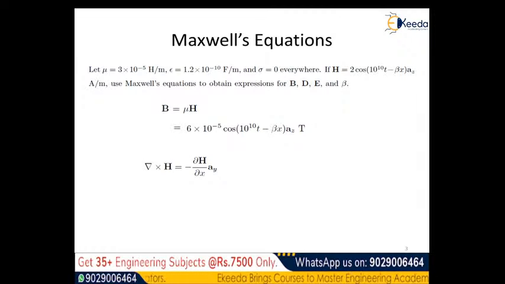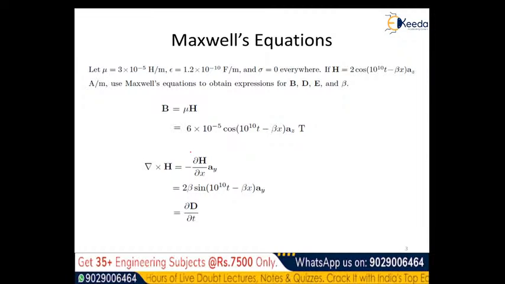So del bar cross of H bar, which we have represented as minus del x of capital H into Ay, is equal to minus twice beta sine of 10 to the power 10 t minus beta x into Ay. So here it is equal to del D by del T.